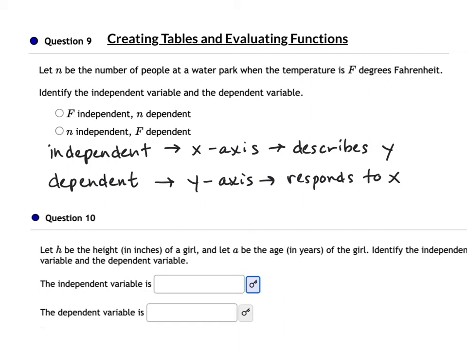Well, actually, you could probably do it either way, but often one is better than the other. What I've noticed is that when it's warm out, you're more likely to see people outside doing anything. So temperature describes the number of people at the water park. When the temperature is hot, the water park sees more visitors. So temperature is the independent.